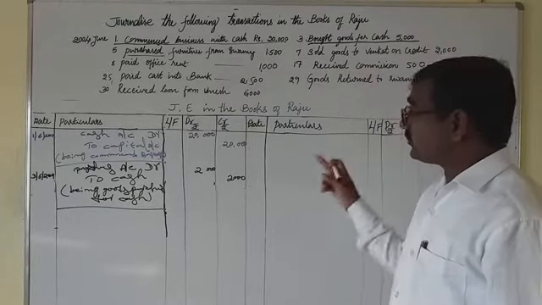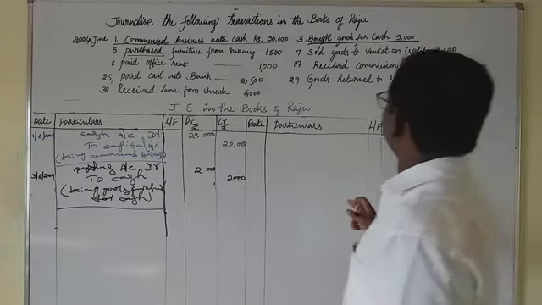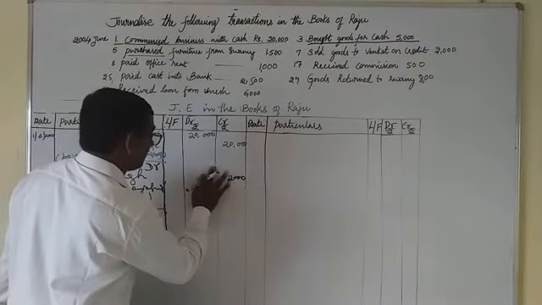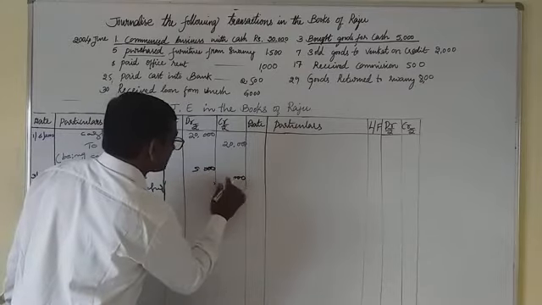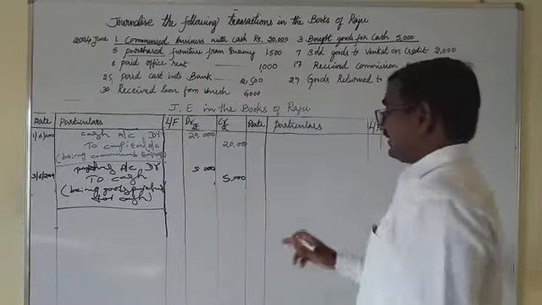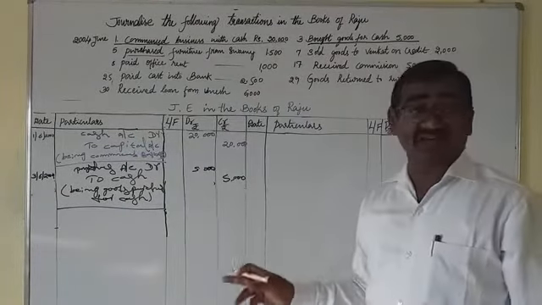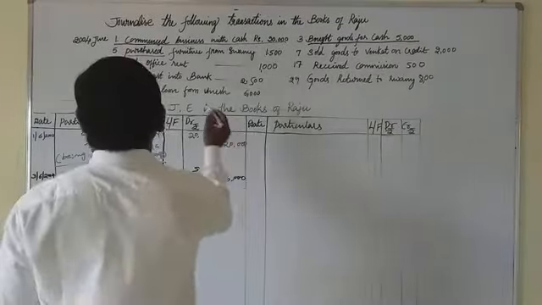So purchase account debtor to cash account 5,000, being goods purchased for cash. And see the next entry.